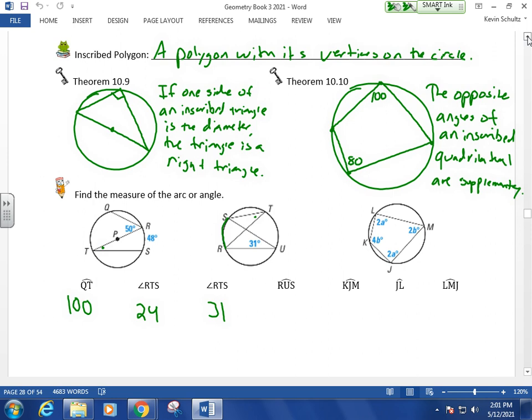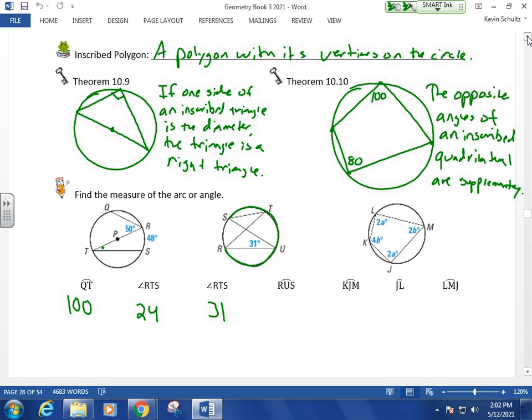The next one, arc RUS. Okay, since it is a three-lettered arc, it means it's the long way around from R to S, from point R through point U, all the way up to S. Whew. Yikes. Game plan for this one. What do you think?